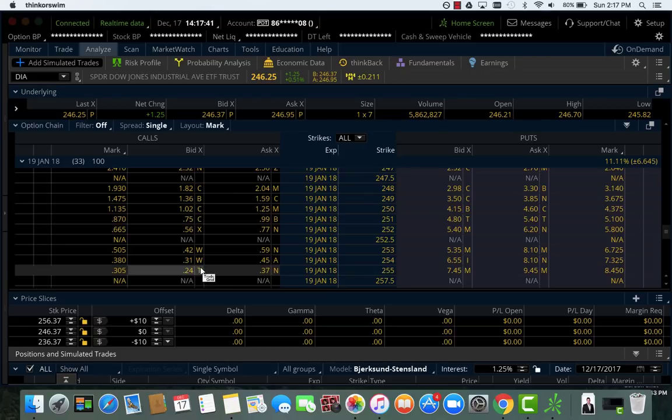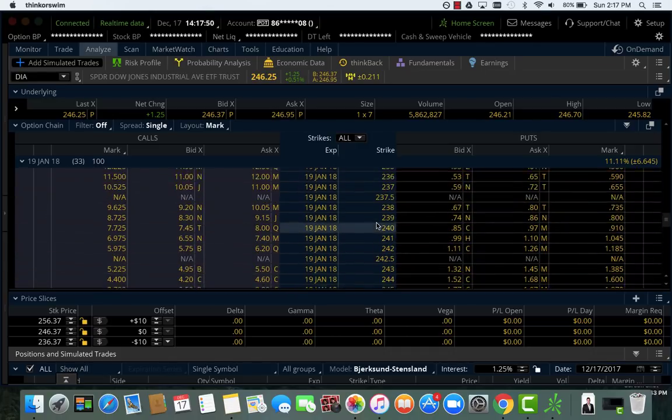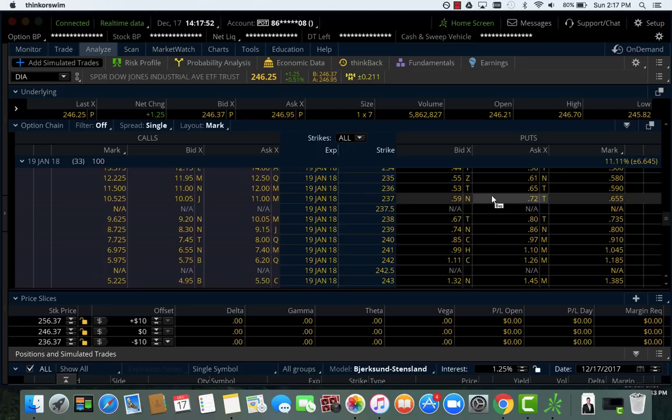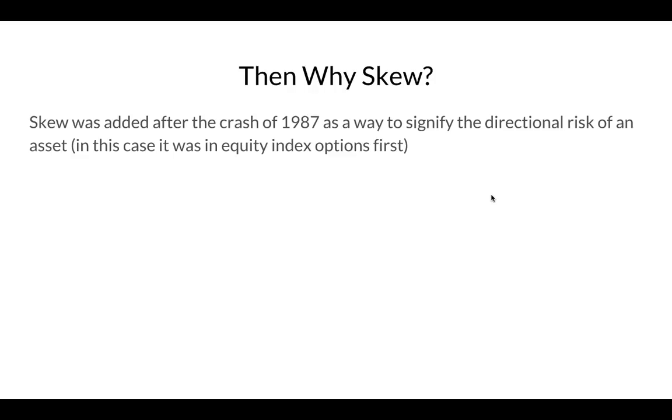So right now, the call $10 away from the current price of the stock in the diamonds is worth 30 cents. On the put side, it's worth 60 cents. Back before the crash of 1987, they were worth the same. Right? And it was added in as a way to signify the directional risk of an asset.